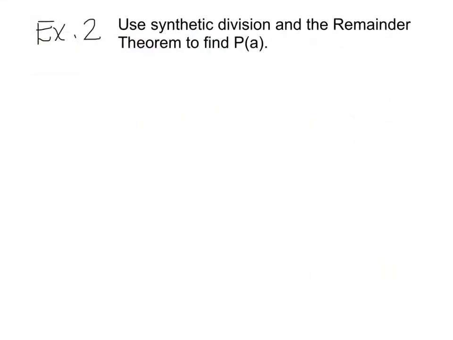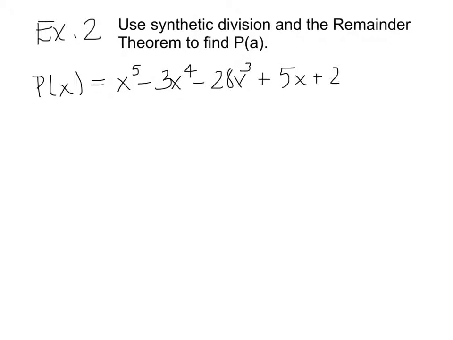Okay, here's one more example of the remainder theorem. Let's do a negative this time. x to the 5th minus 3x to the 4th minus 28x cubed plus 5x plus 20.